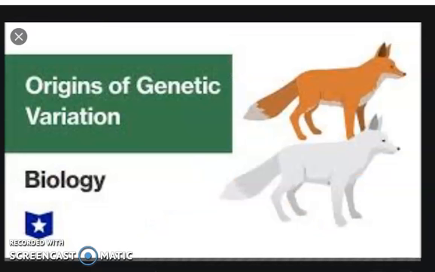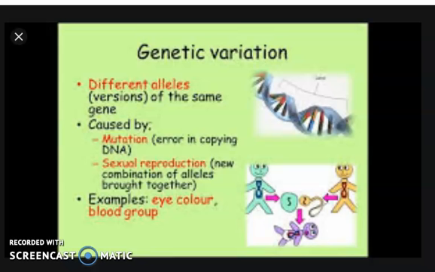What causes variation? In biology, genetic variation can be caused by mutation, random mating, random fertilization and recombination between the homologous chromosomes during meiosis.